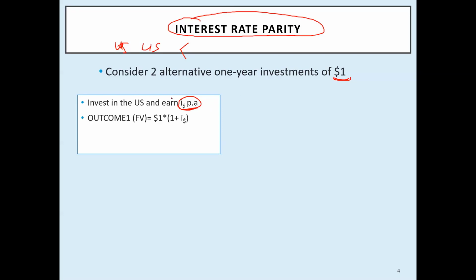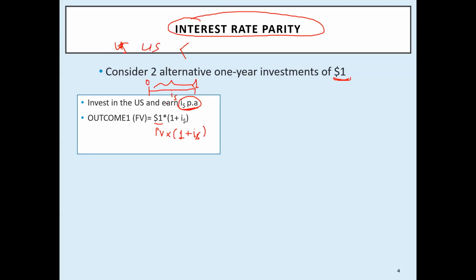So if I invest for 1 year, so this is me today, and this is 1 year, okay? If I invest in the US for 1 year, and if I earn an interest of i_S, which is the interest rate in the US, then by the end of the year, my investment should grow to the principal amount, which is the present value, times the future value factor, the compounding factor, okay?